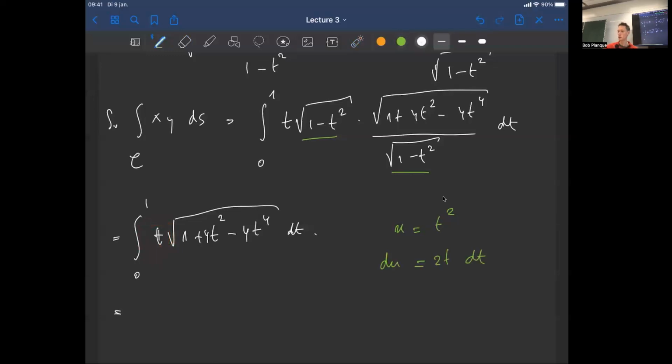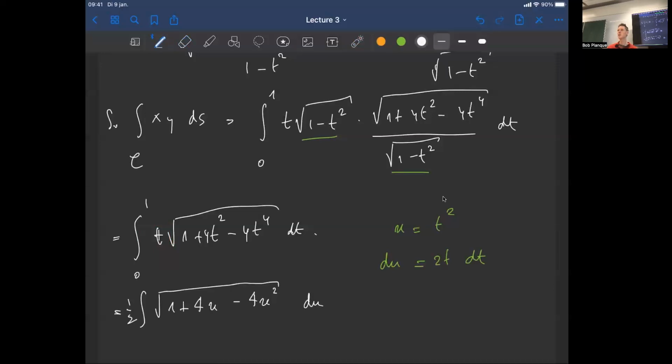And so writing everything in terms of u gives me 1/2 du. That's the t dt. And then 1 plus 4 times u, minus 4 times u squared.